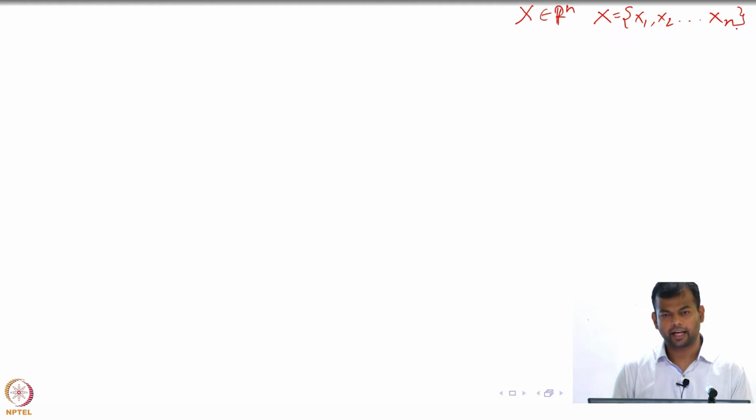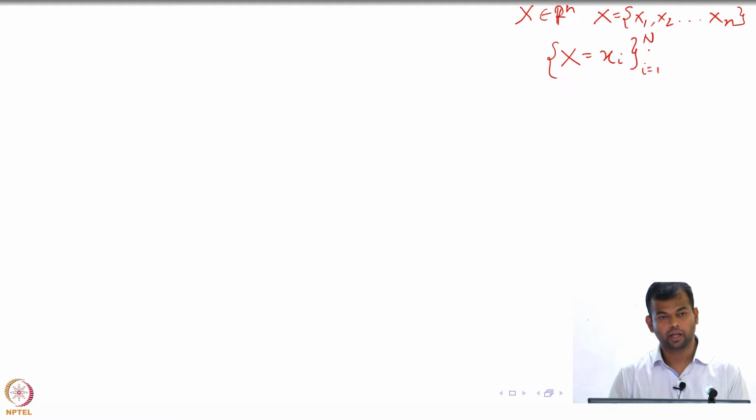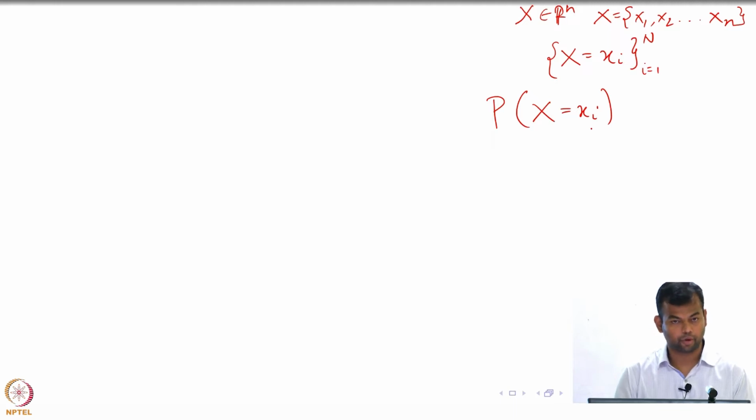And we're given a lot of training data containing instances of x, so you have some n training samples given to you. What we are interested in is learning the joint distribution of x, and what that means is that for all assignments to x, we are interested in learning this probability.